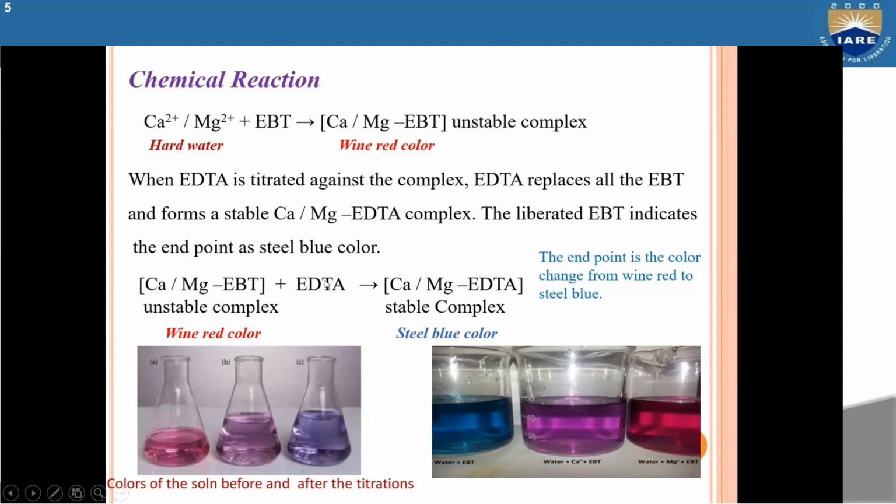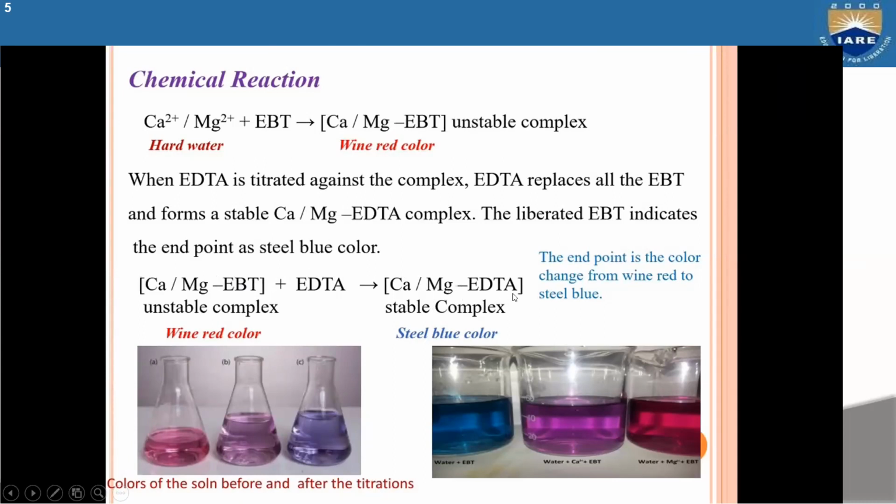Later we again titrate with the EDTA solution, and we get the stable complex. It means it removes the EBT. That color is steel blue and the complex is the stable calcium magnesium EDTA complex.